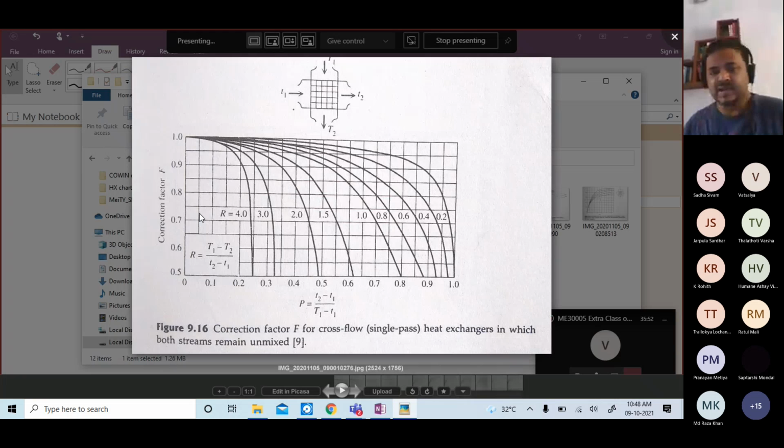The correction factor is a little higher than 0.9.